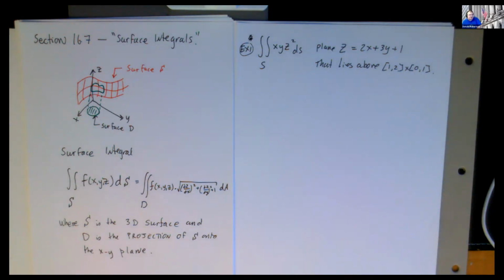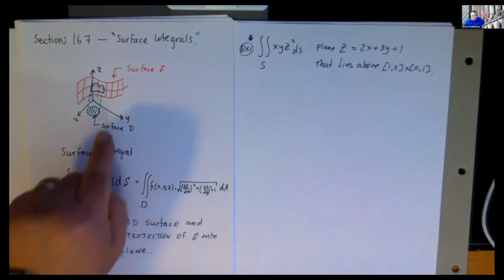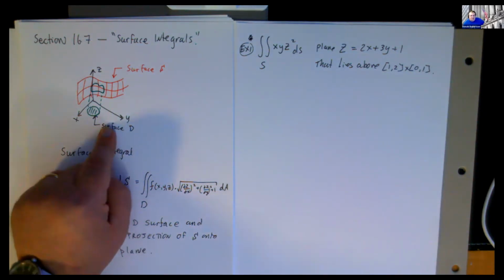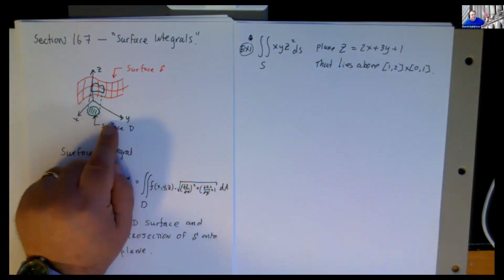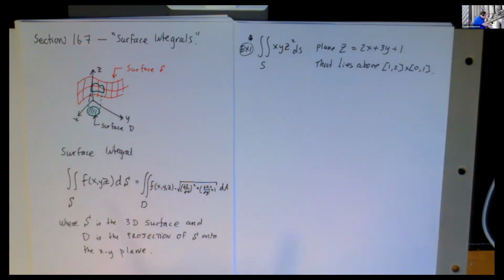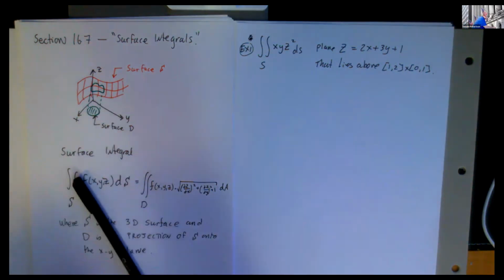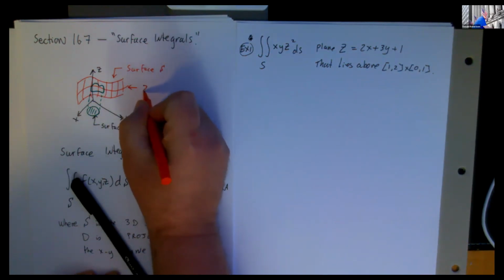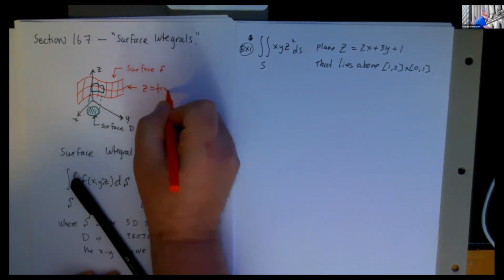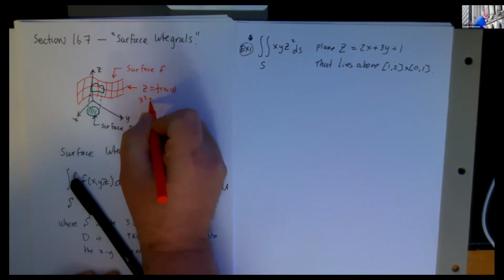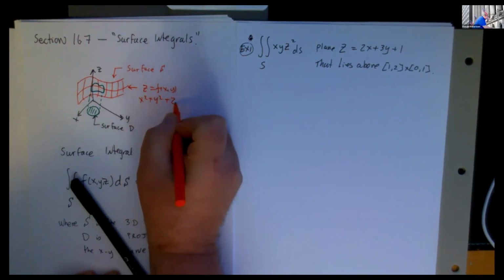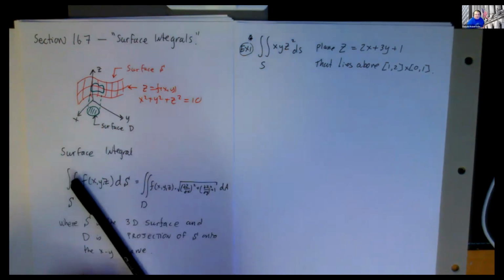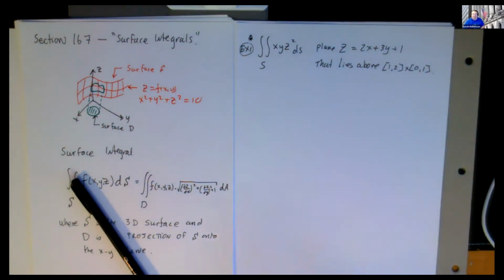The section's called surface integrals. As you know, I'm a horrible artist, but I'm trying my best to show you what a surface integral is. Imagine that the surface here is written down as, maybe, z equals a function of x and y. But it could be written as x squared plus y squared plus z squared equals 10, whatever it is. It's a surface in 3D space.